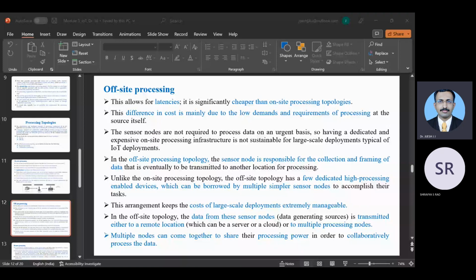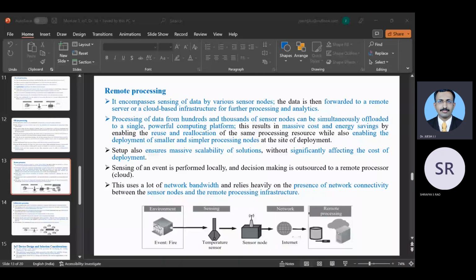Data from hundreds and thousands of sensor nodes can be simultaneously uploaded to a single powerful computing platform. What do you understand from that? If you have to process certain information and send it, your node capacity has to be very high.